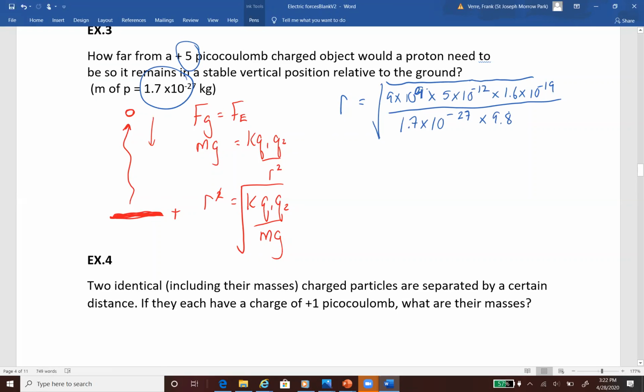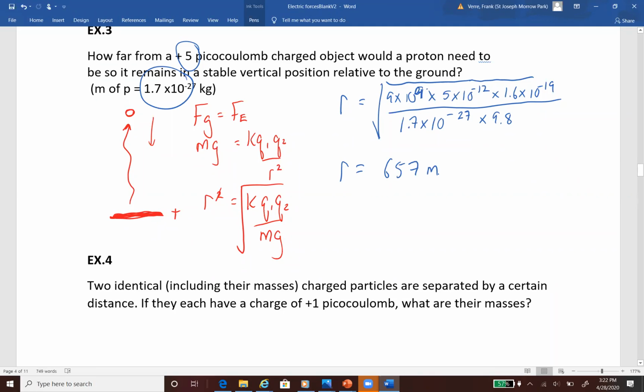Now, in this case, g is fine because the distance, you'll see, is not that great. If the distance was like hundreds of kilometers, then obviously we wouldn't be able to use g because g would be different. But in this case the distance is not that much, so we could use g. All right, so if we solve for r using this equation, we get a distance of about 657 meters.